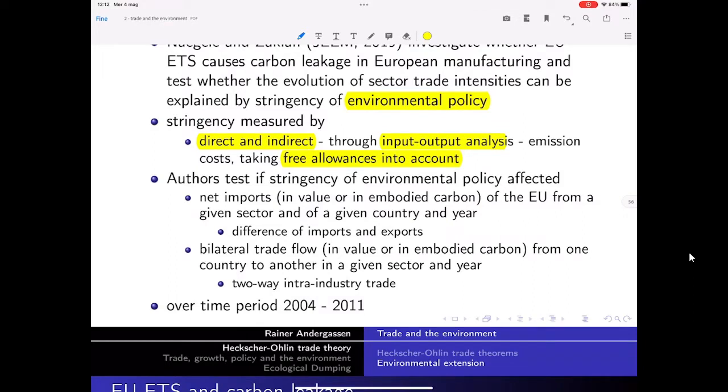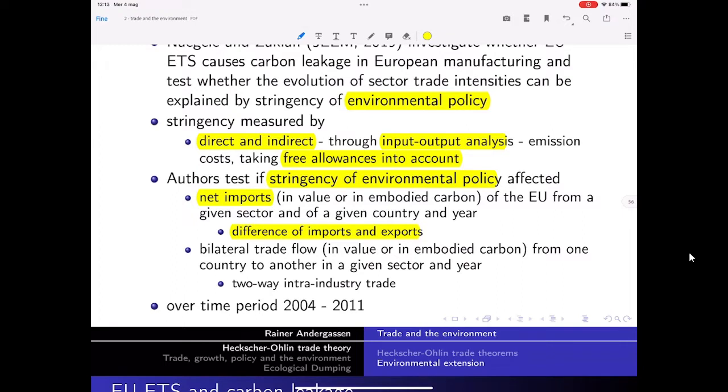So therefore, what the authors do is test whether stringency of environmental policy affected net exports, net imports, in both value and in embodied carbon of the EU from a given sector or of a given country in the year. Net exports are the difference between imports and exports.